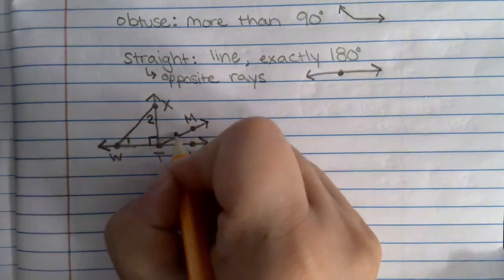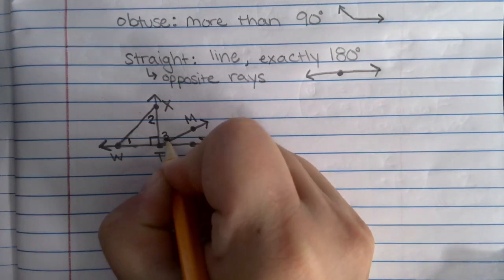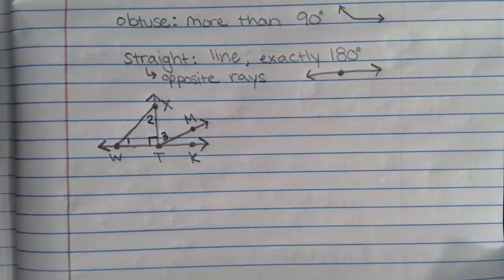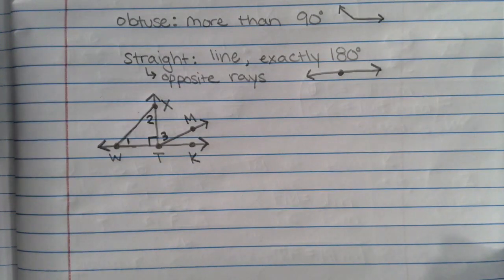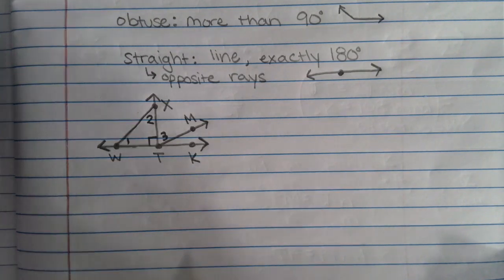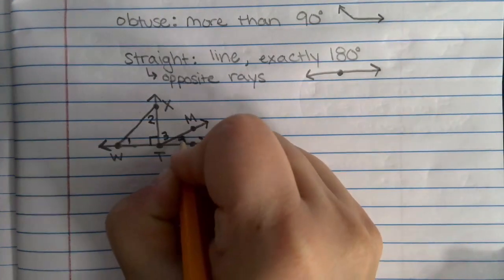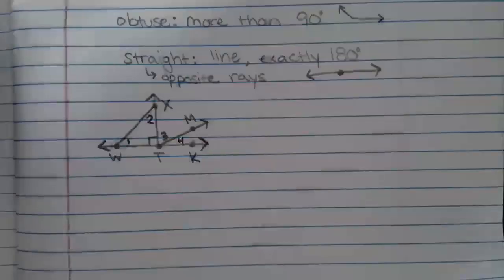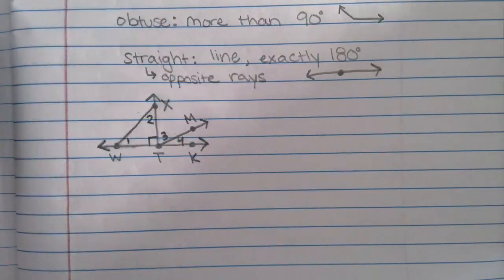In this first part next to T, we're going to do a 3. And in that bottom part, we'll do a 4. All right, now we're done with that picture.